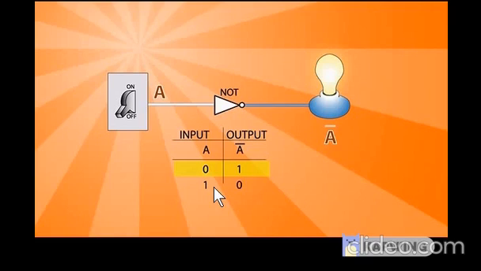In that case this switch can be replaced with the LDR, the LDR output is connected to the NOT gate, and the NOT gate is connected to the lamp in the street lamps. So you understand how we use LDRs along with this logic gate to work in opposite conditions.